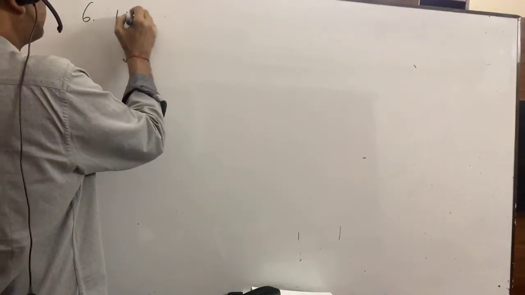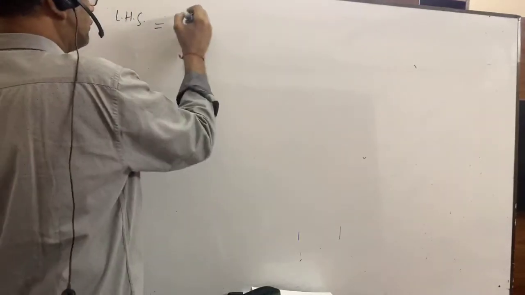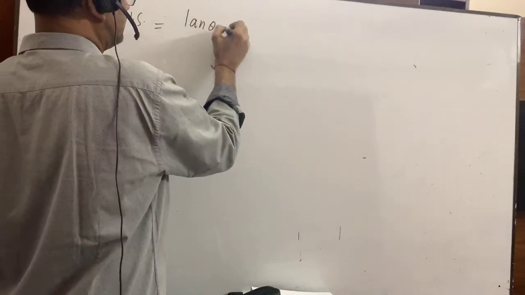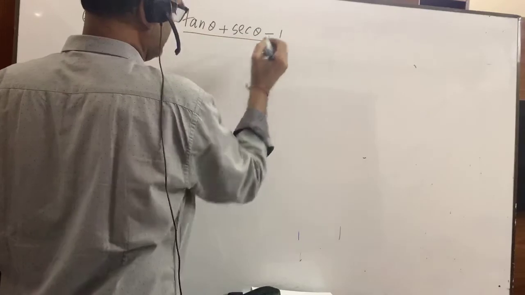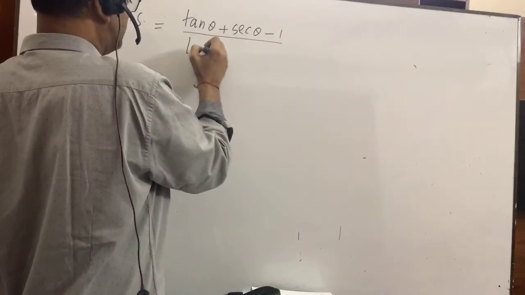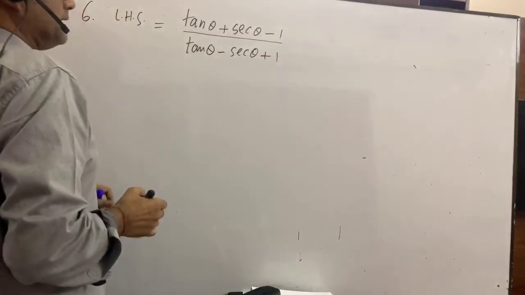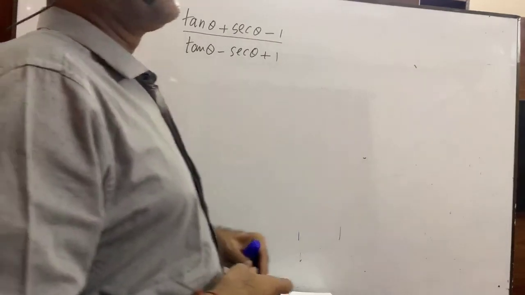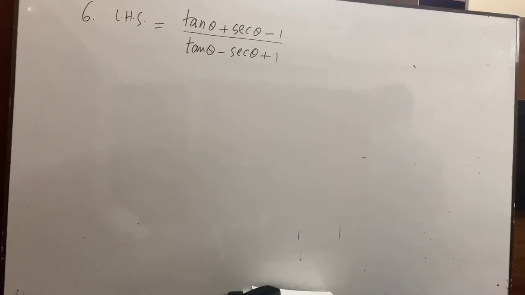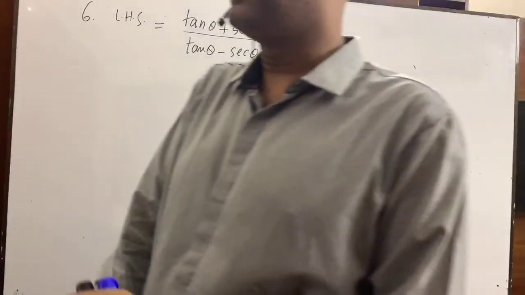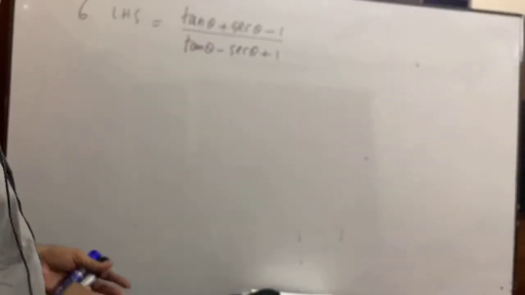Left hand side, write down tan theta plus sec theta minus 1 by tan theta minus sec theta plus 1. Can we do this math? There are some maths of this type, but in your book there is only one math. But I will give you too many maths regarding this. Please pay attention here.